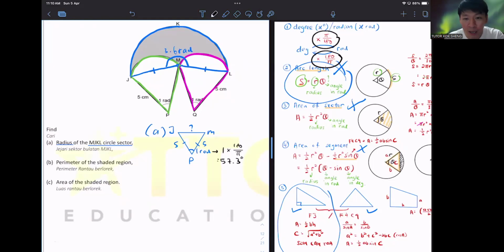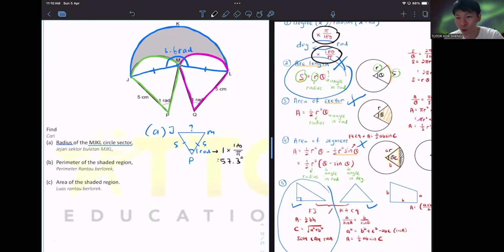Now we can go for the chapter 9 formula. If you still remember how to use it, you're finding this length, the side opposite this angle, which will be the same letter, big A. The other two lengths will be small b and small c. So actually, we're using the cosine rule.